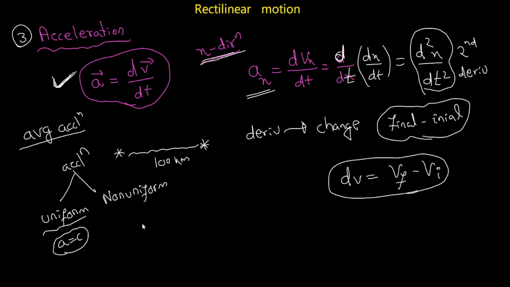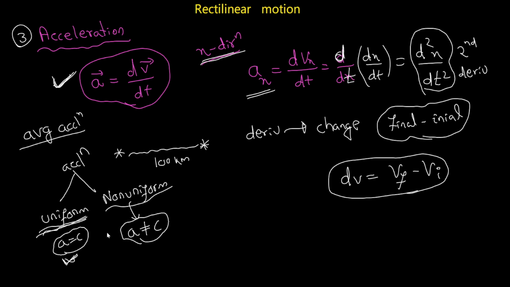That means whatever distance you are covering, in that total distance the acceleration is constant, so the acceleration is uniform. In non-uniform, acceleration is not constant. There is an increase and decrease in the acceleration value. That's called non-uniform. So uniform motion means acceleration is constant.